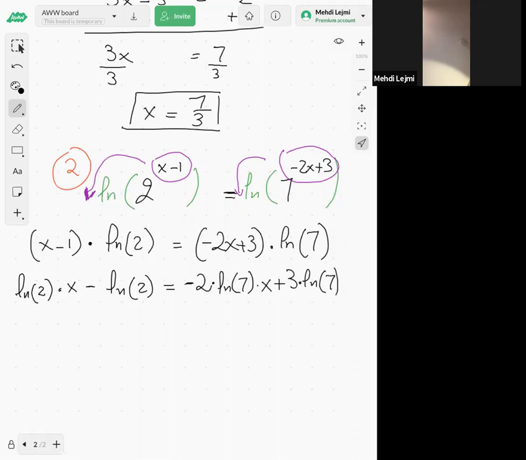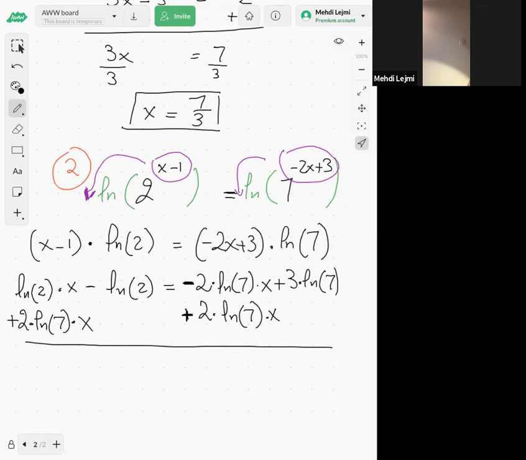Okay. This is minus, so I'm going to need a plus 2 times natural log of 7 times x. The same thing on the left side, plus 2 times natural log of 7 times x. So on the left side, we're going to have natural log of 2 times x plus 2 times natural log of 7 times x, and then there's this minus natural log of 2.